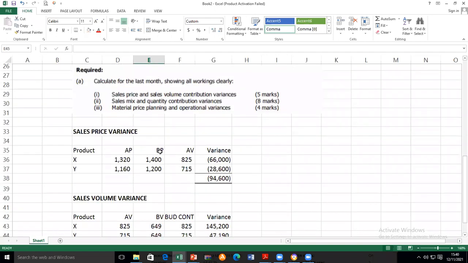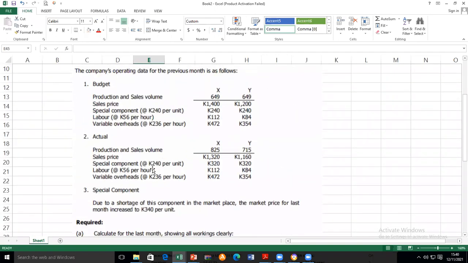Let's get the budget contribution. 1,400 minus 240 minus 112 minus 472. What's the budget contribution? 576.